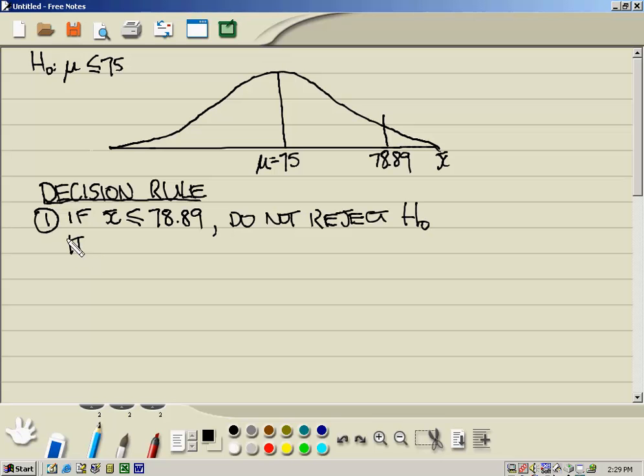The interpretation: the null is possible, and go back and check the words that we put behind the null. It's possible that the average balance is not greater than $75.